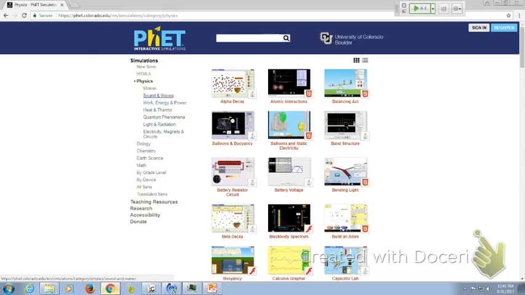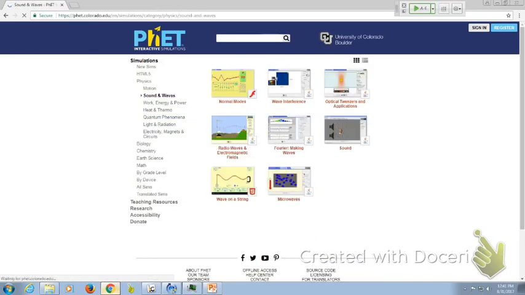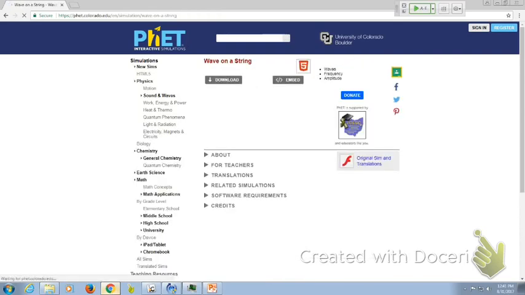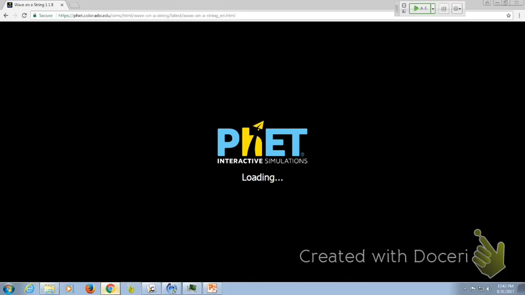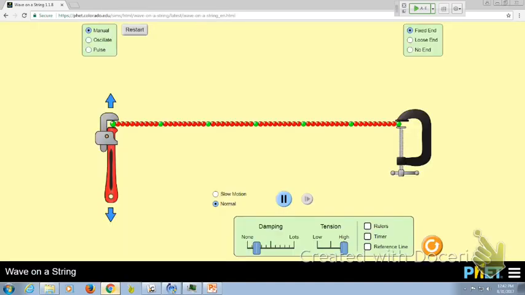And let's go to our sound waves. If I look on this, there's this little guy at the bottom. So I basically will double click on that. You can download it to your computer if you want, but you can also just run it by clicking on it. It's theoretical, it's calculated, so it doesn't suffer from the normal issues of a realistic thing where it sags in the middle and it's hard to see.